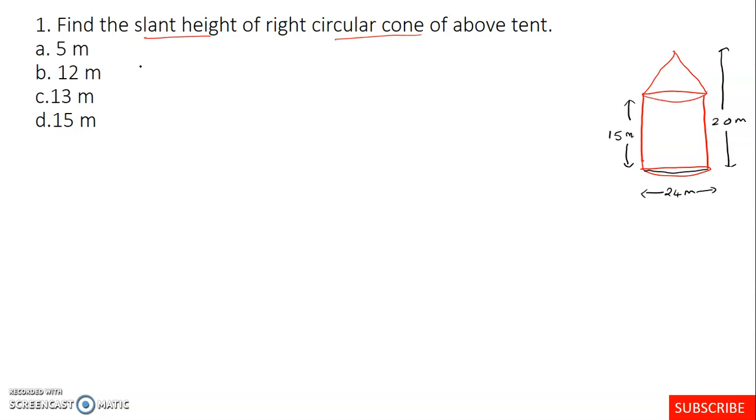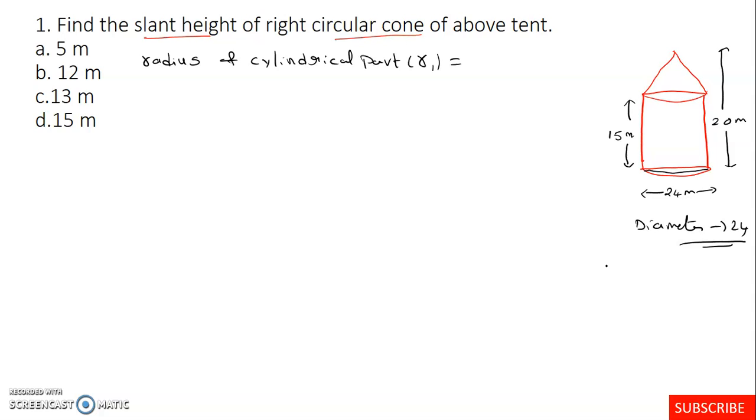First of all, we should go for the radius of the cylindrical part. Name it R1. The diameter is given as 24.